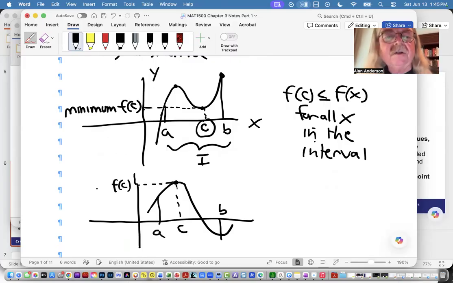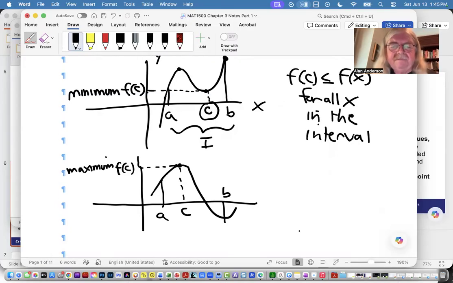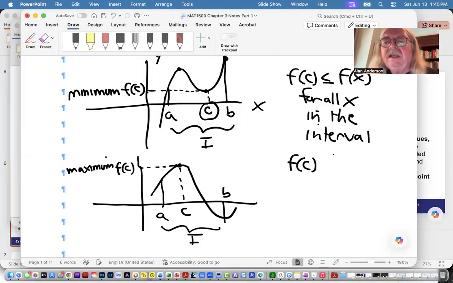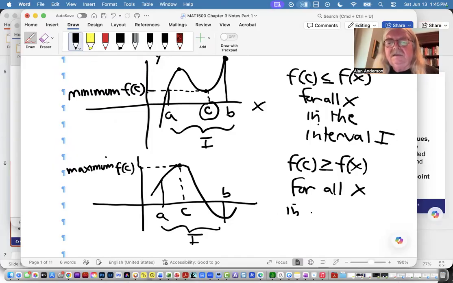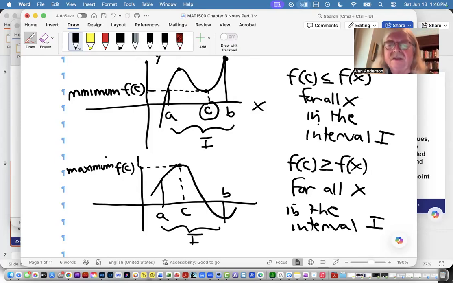I'm sure you can guess that this is going to be referred to as a maximum over the interval from A to B. And that's because f of c, as you'll see in the definitions here, is at least as great as f of x for all x in the interval I. Okay, now sometimes it's obvious just by looking at the graph, sometimes it isn't, but this is what we're aiming for. Okay, great.